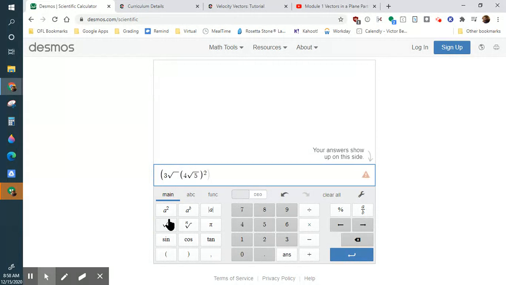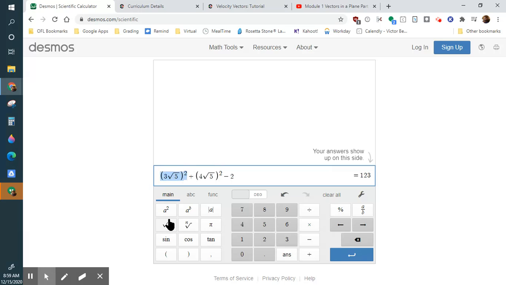Do this, square root 5 squared plus that minus 2.